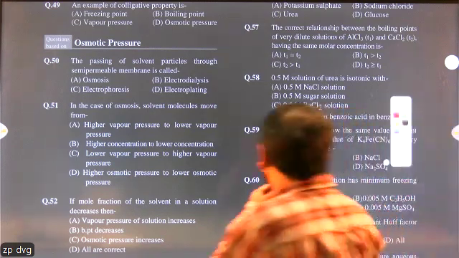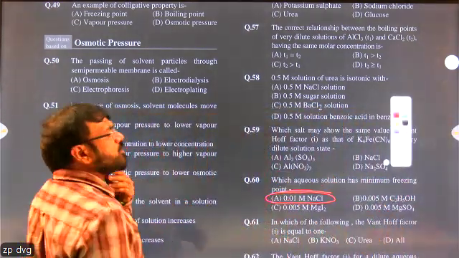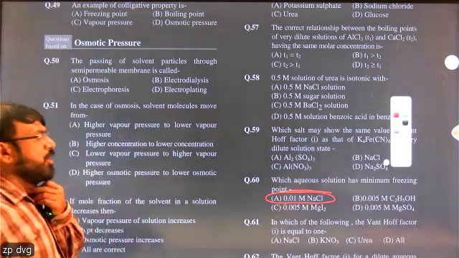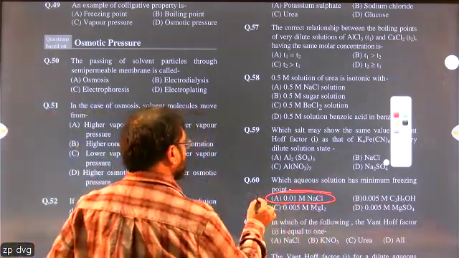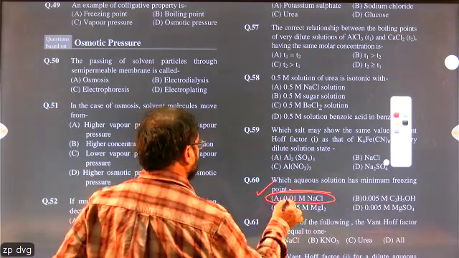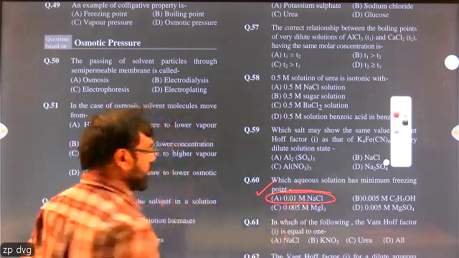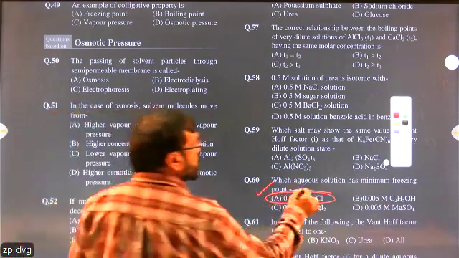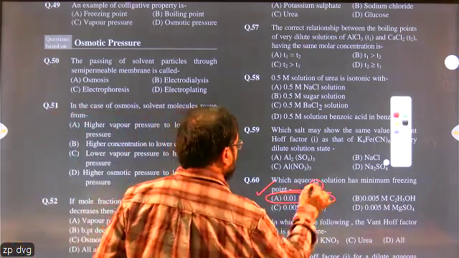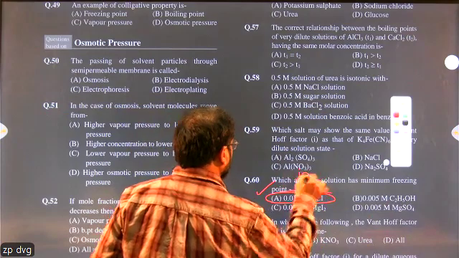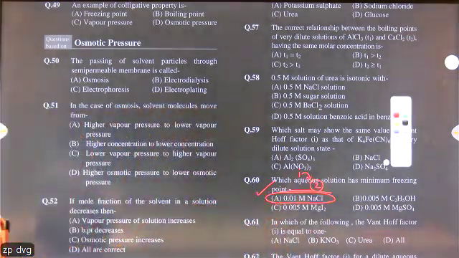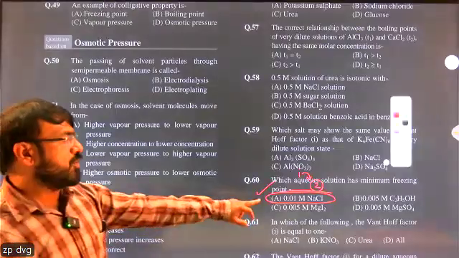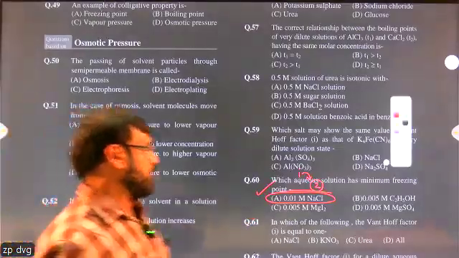In the given conditions, only one has high concentration, that is molar NaCl, and it dissociates into two particles. The i factor for this is 2. So for the 60th question the correct answer is the molar NaCl.